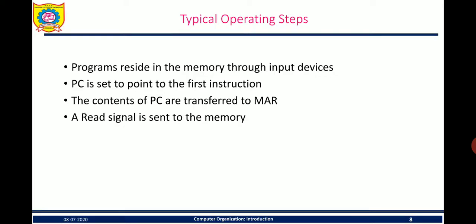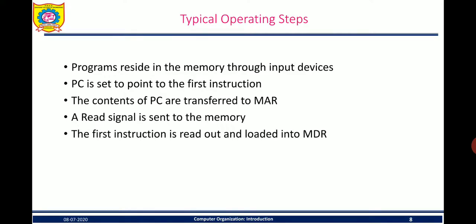So a read signal is sent to memory to go to our memory storage and bring the data. The first instruction is read out and loaded into MDR, the memory data register, which is also called MBR. That's why I have changed the name over here, so you should not confuse yourself. MBR and MDR are one and the same.